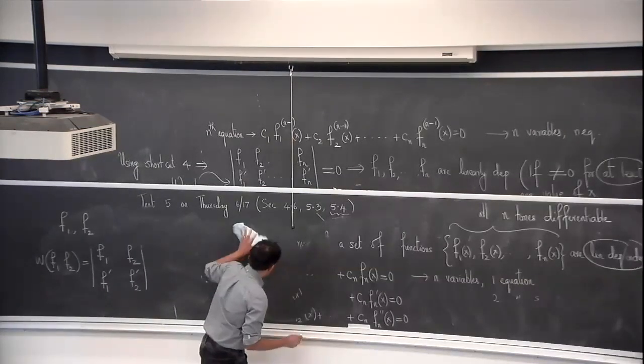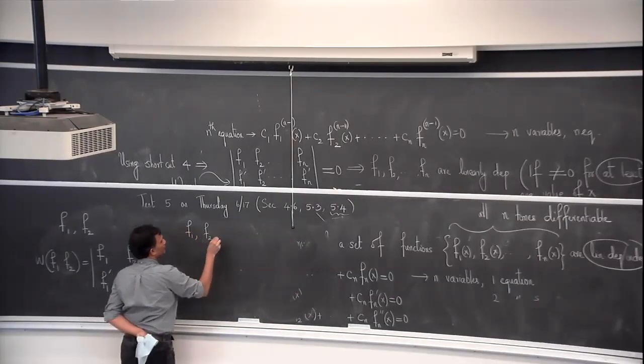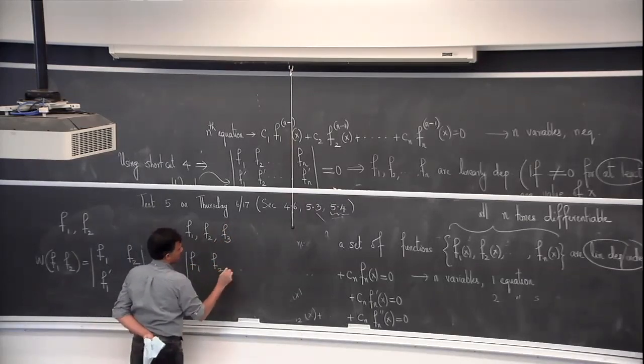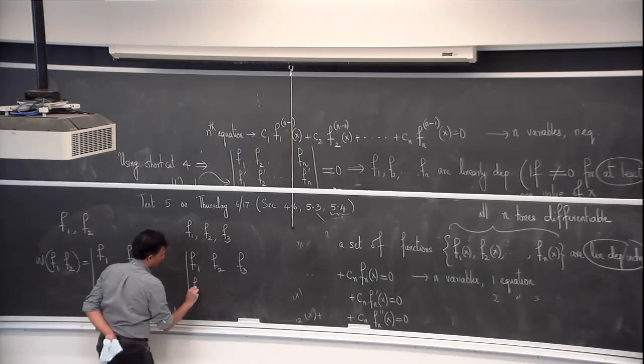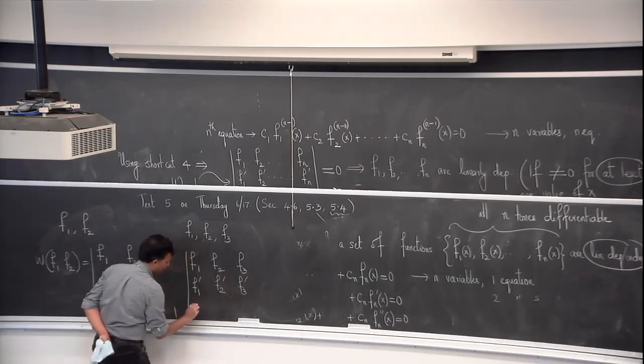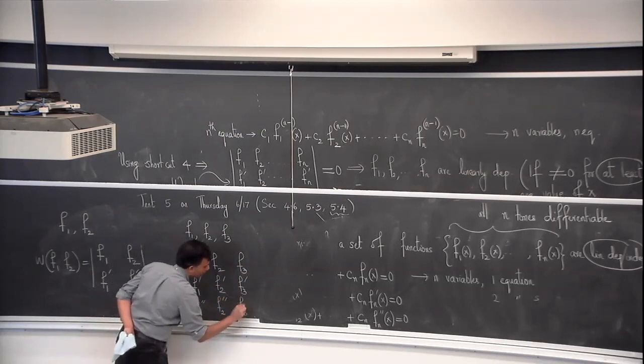And for 3 functions, F1, F2, F3, the Wronskian has rows F1, F2, F3; F1 prime, F2 prime, F3 prime; and F1 double prime, F2 double prime, F3 double prime.